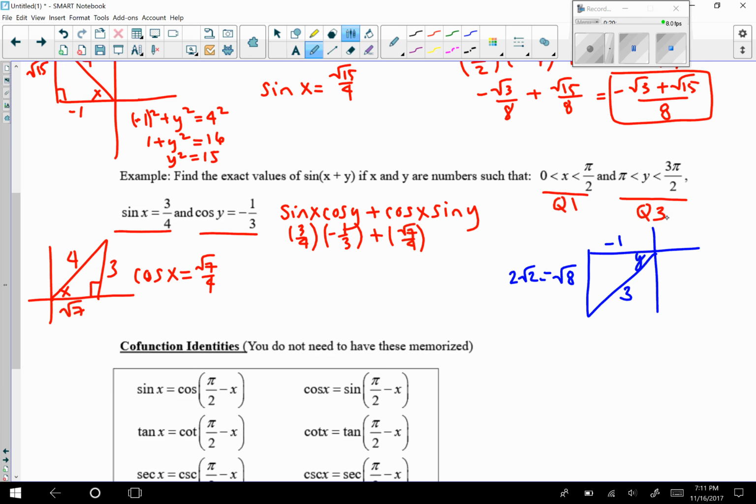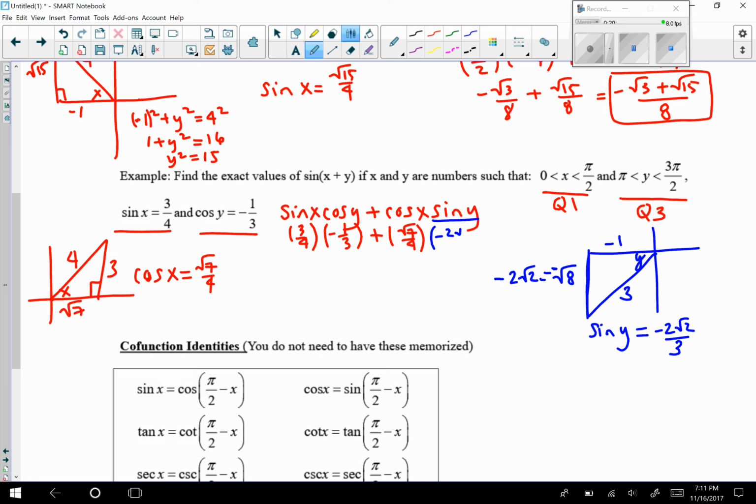Because we're in quadrant 3, we have to be careful because in quadrant 3 this y value is negative, so this should actually be negative. So when I find the sine of the angle y, it's going to be equal to the opposite over the hypotenuse, so negative 2 root 2 over 3. And now I can go ahead and substitute that in for the sine of y in my equation.